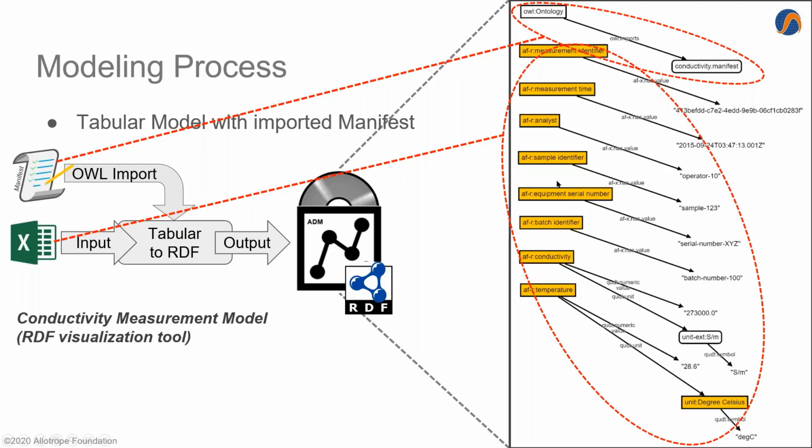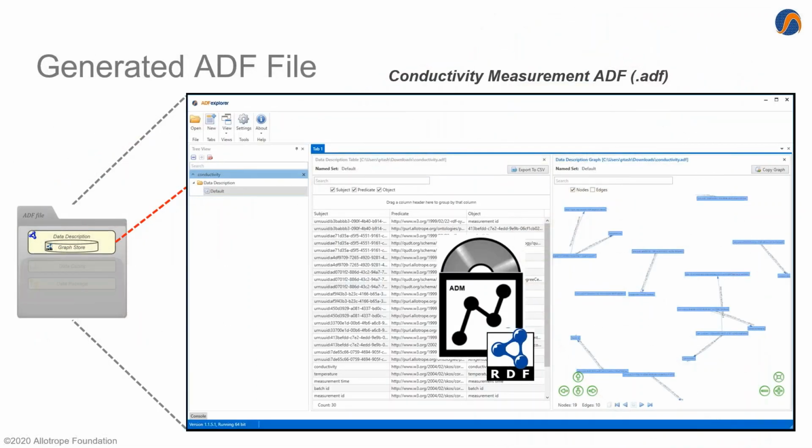So we see our friend, the equipment serial number XYZ, and the temperature, for example, 28.6 degrees Celsius. Now that we have the ADM data instance, we have the model, we can generate an ADF file for the conductivity measurement.adf file.